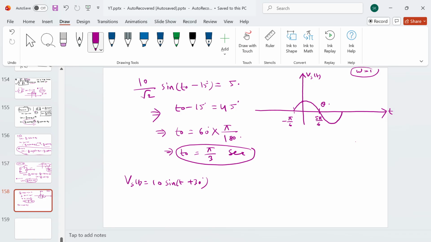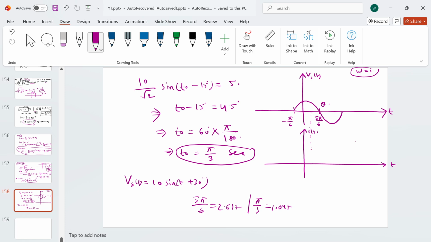And if I talk about the inductor current, 5 pi by 6 is simply 2.617, and pi by 3 is simply 1.047.